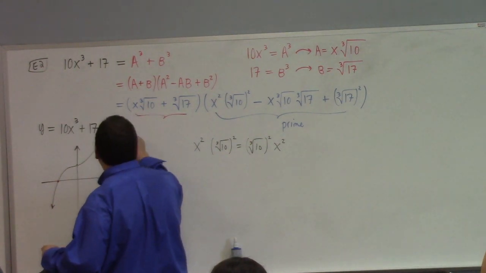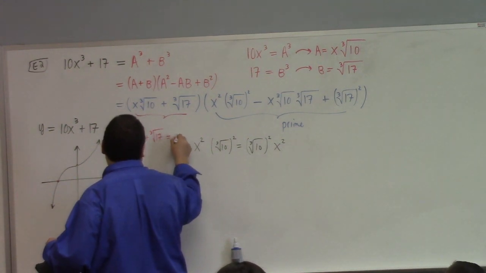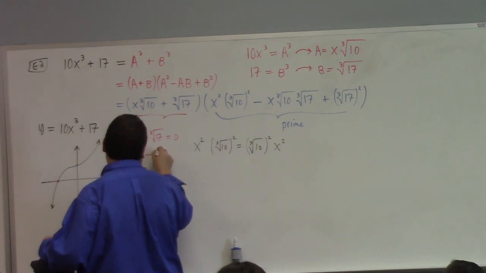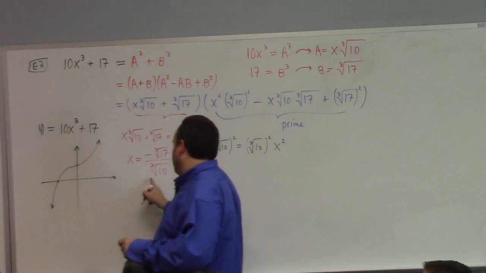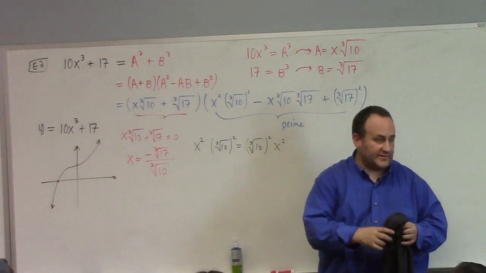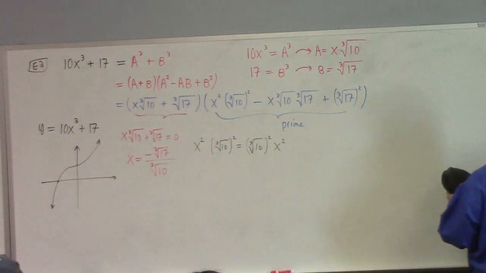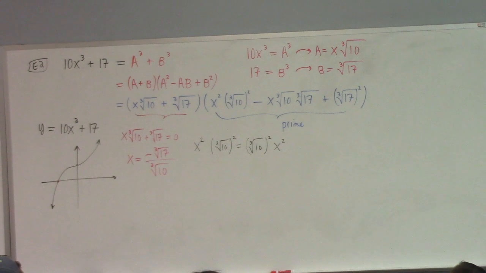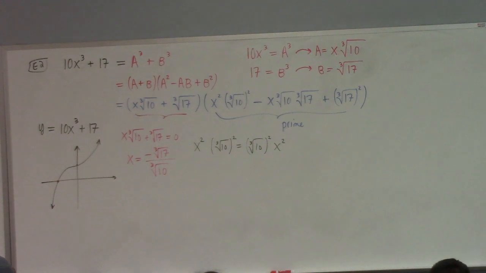If we put this equal to 0, it's kind of ugly, but that is where it goes through 0. Setting it equal to 0. I see.